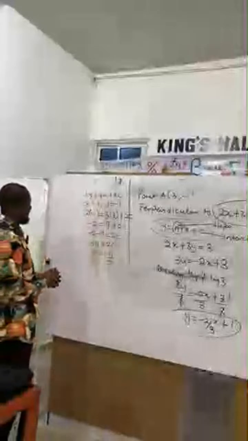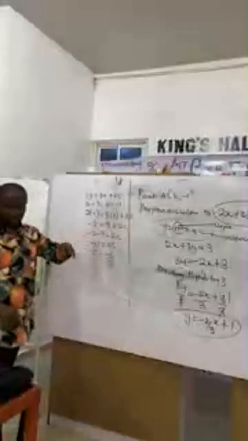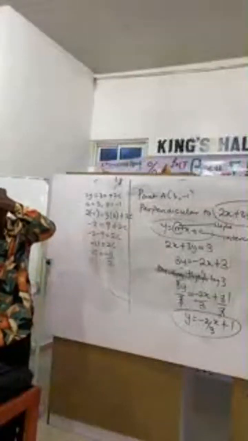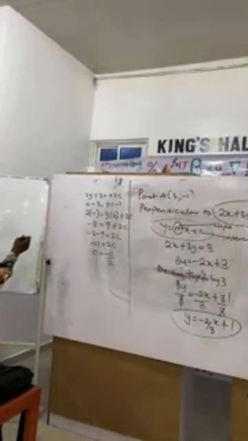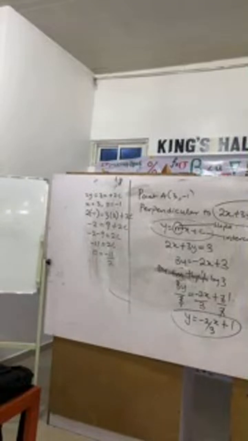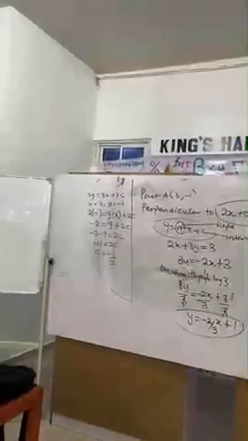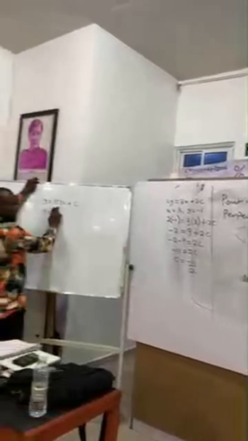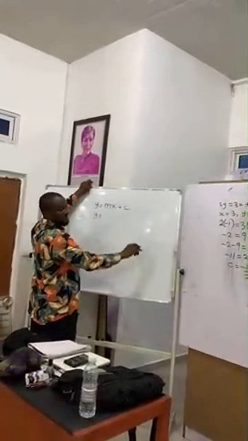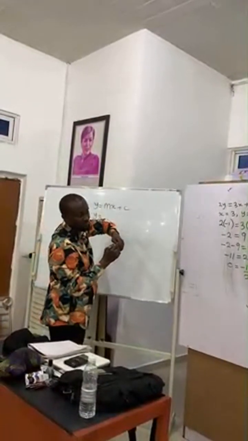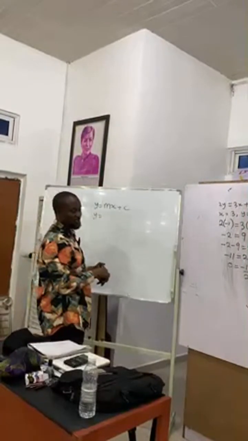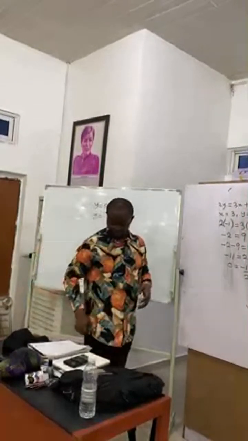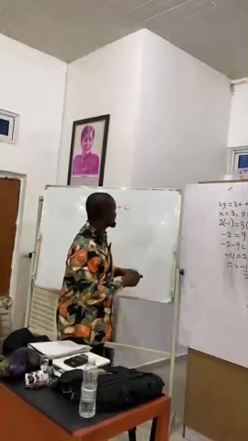So now let's see what is happening here. From the original expression that was given, y equals mx plus c. My y will now be, what's my slope? 3 over 2.